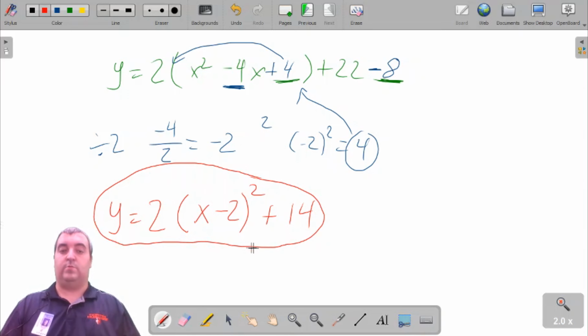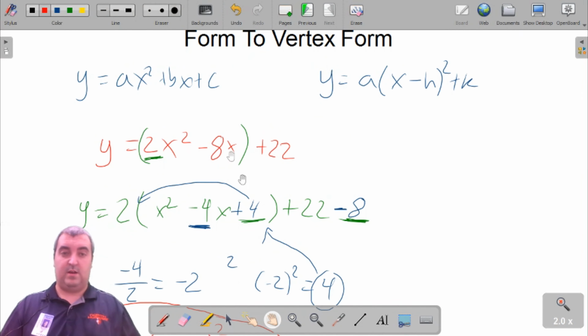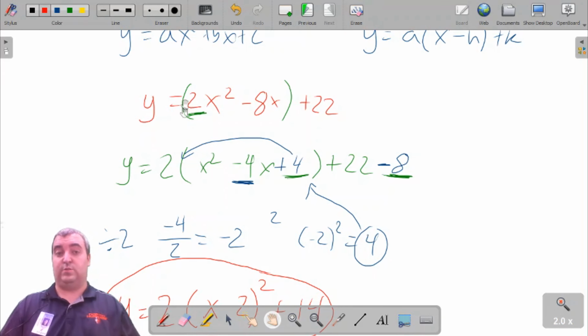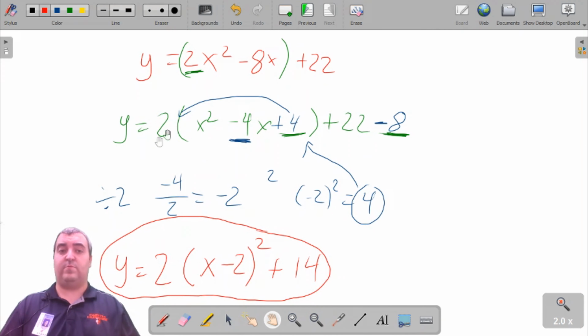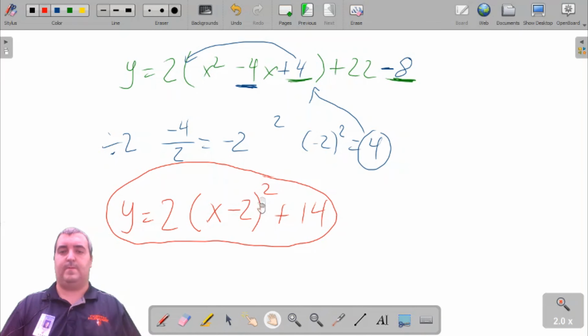Okay, so once again, we did the harder one. If your a value is just 1 though, you don't have to worry about factoring out anything, because you would factor out 1, which doesn't change anything. Okay, so just do a little practice with this, and you'll get the hang of it. It's always the same process.